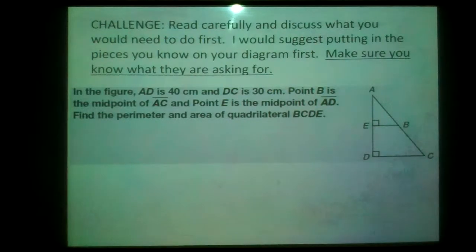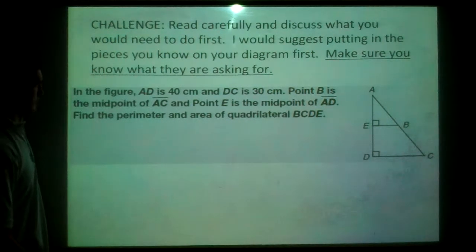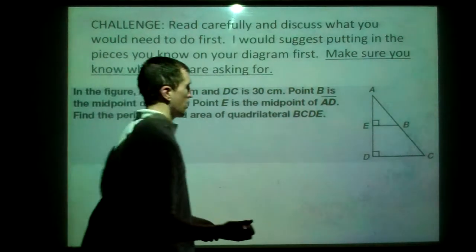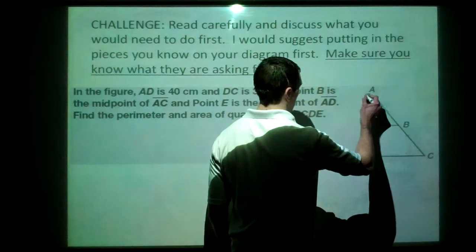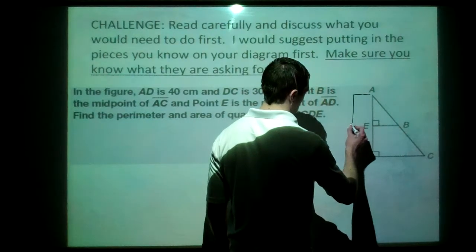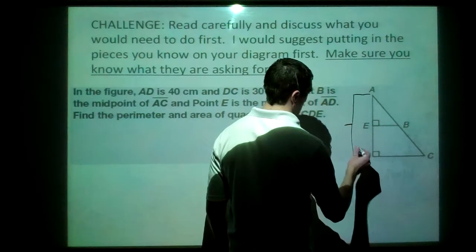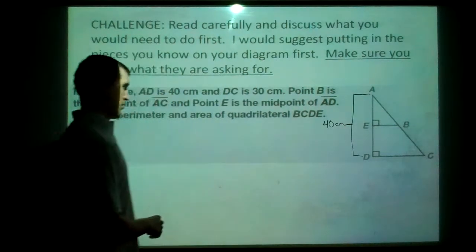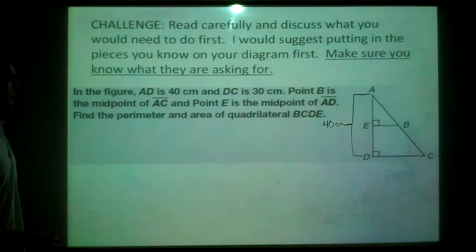So in this figure, AD is 40 centimeters. Let's plug in what we know. A to D, 40 centimeters. Okay.